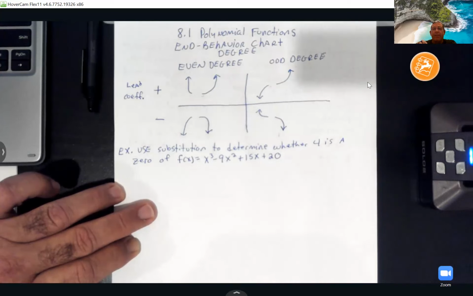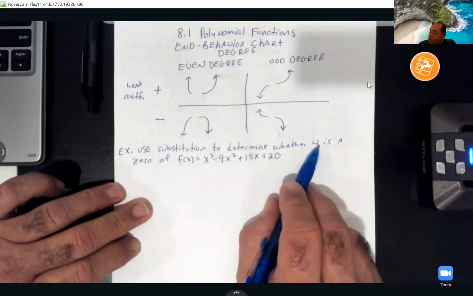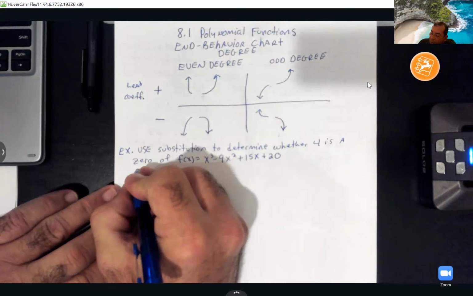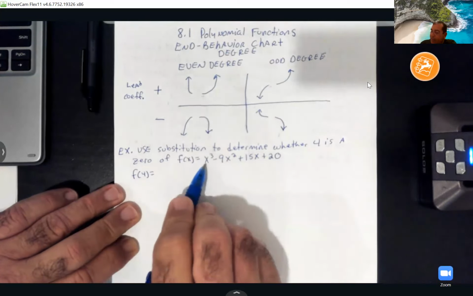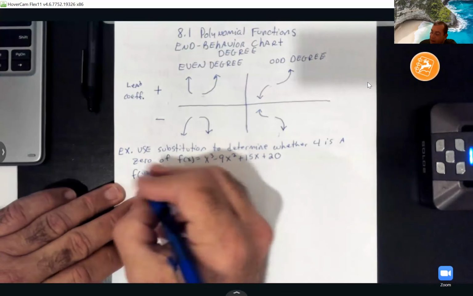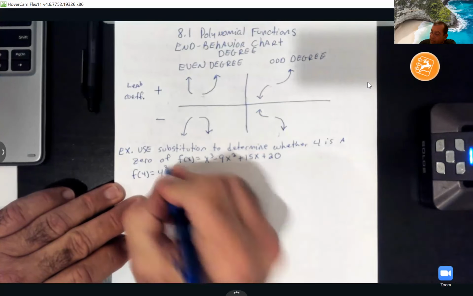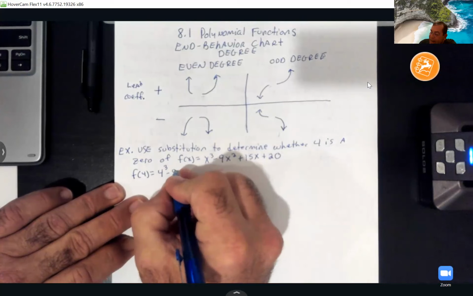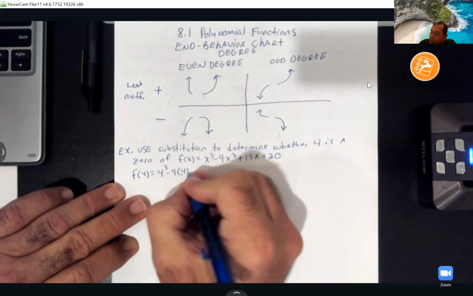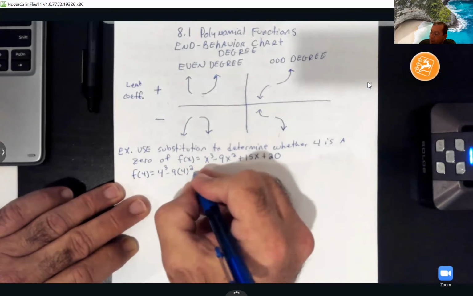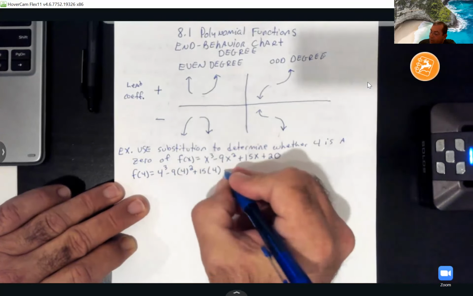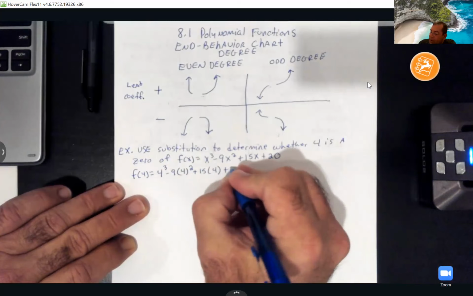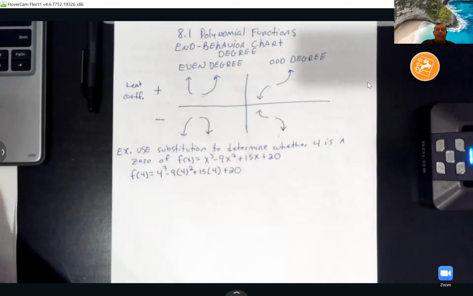Okay. So if 4 is going to be 0, we're going to plug a 4 in. So we'll be finding f of 4, which will be 4 to the 3rd minus 9 times 4 squared plus 15 times 4 plus 20.